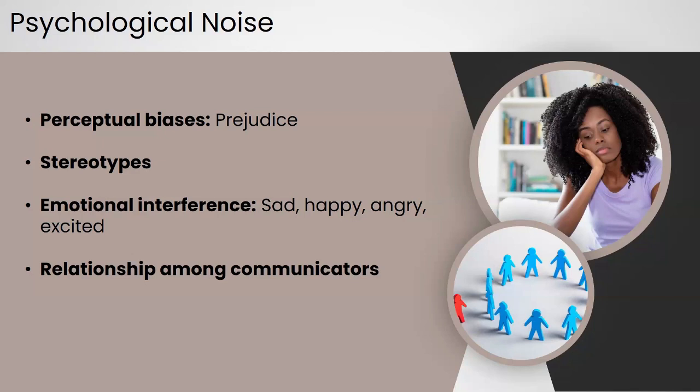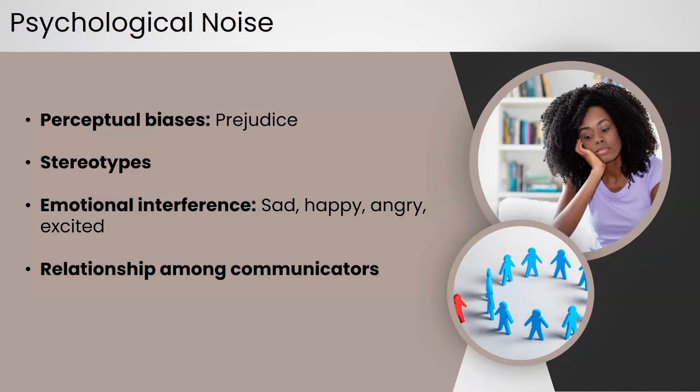For example, you see a student who looks a certain way, and you feel that they will speak a particular language and understand it. That is psychological noise, because the person doesn't understand, but because of how they look, you thought they had to understand the language.